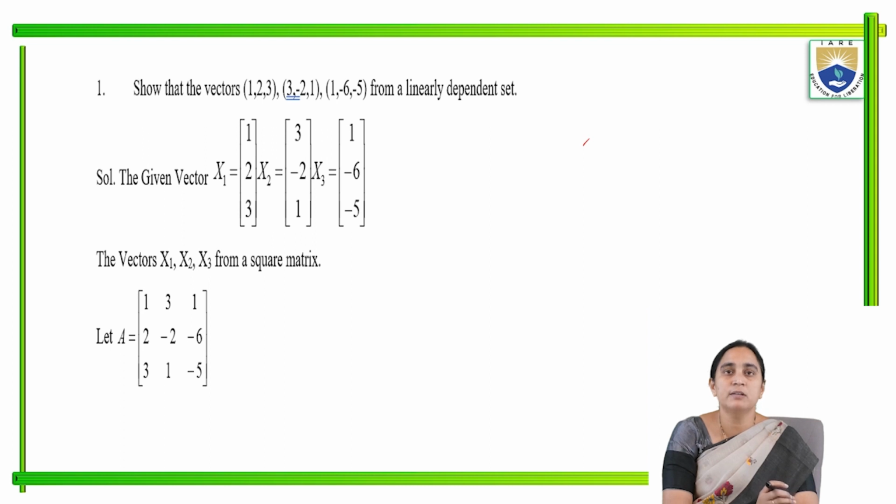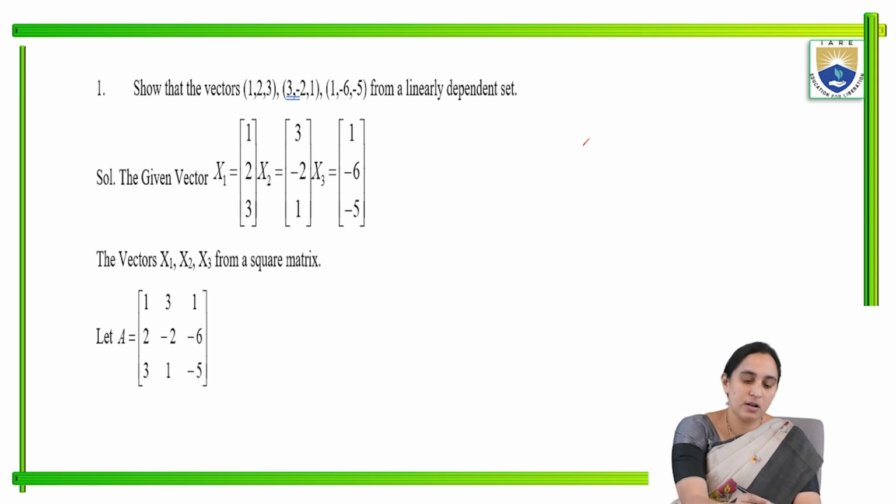Write the given three vectors as three column matrices, x1, x2, x3. After writing them as column matrices, write them as one square matrix: the first column as the first column of the matrix, the second column as the second, and the third column as the third.